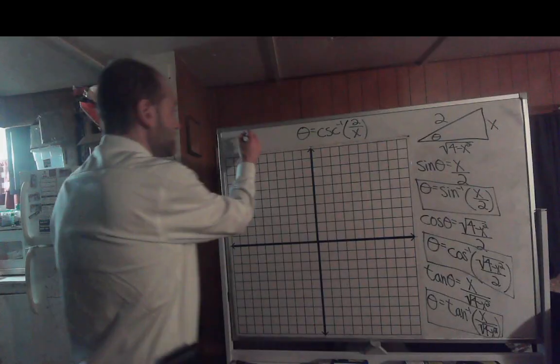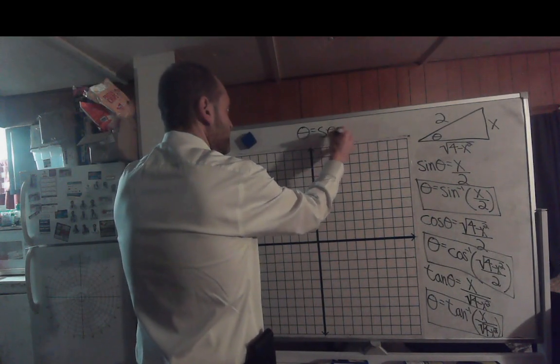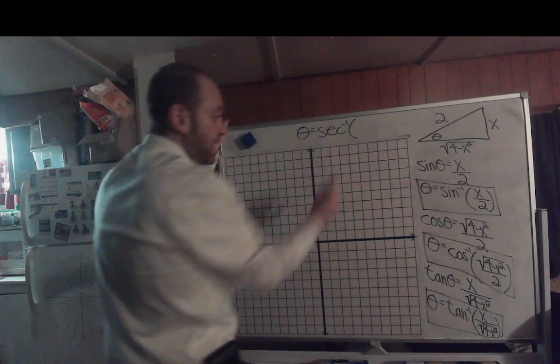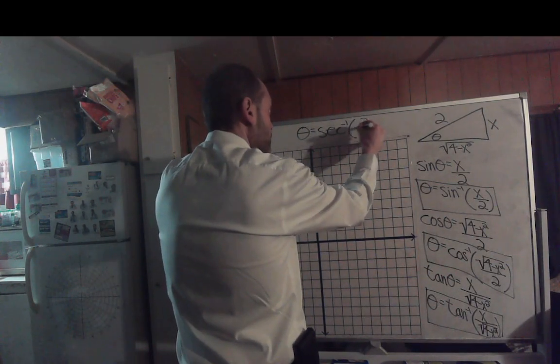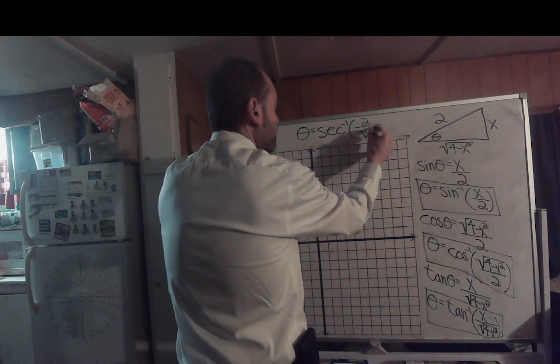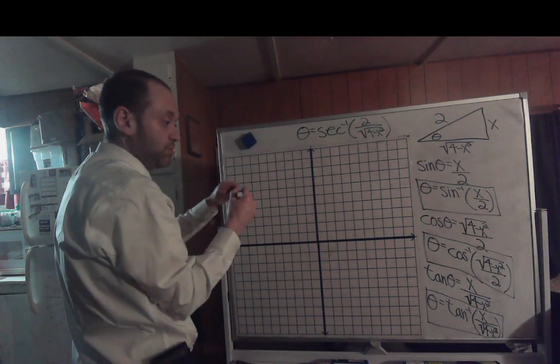So if I wanted to find the secant inverse, theta equals the inverse secant, I take the reciprocal of what's inside my cosine inverse, and I would get 2 over the square root of 4 minus x squared. I don't even have to go through a bunch of trouble.